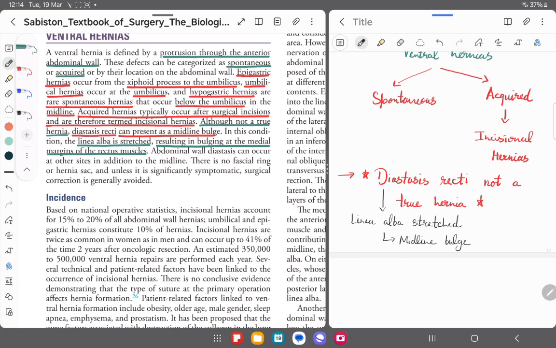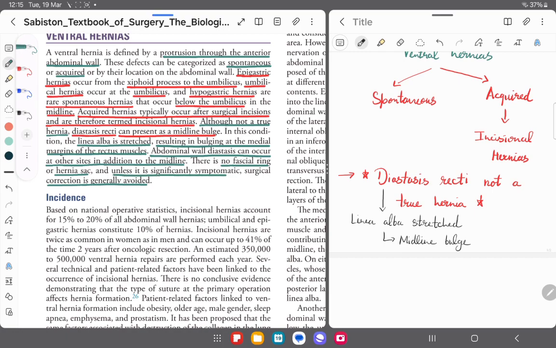Abdominal wall diastasis can occur at other sites in addition to the midline. There is no fascial ring or hernia sac because it's not a true hernia, and unless it is significantly symptomatic, surgical correction is generally avoided.